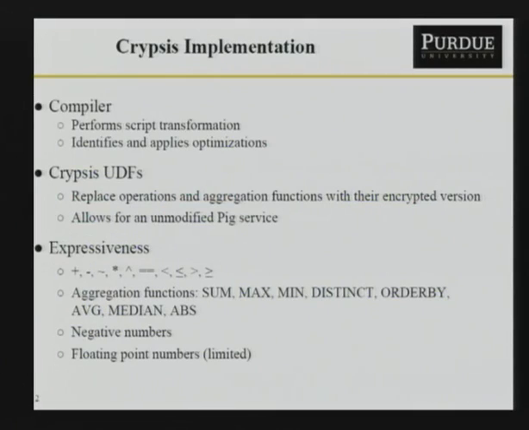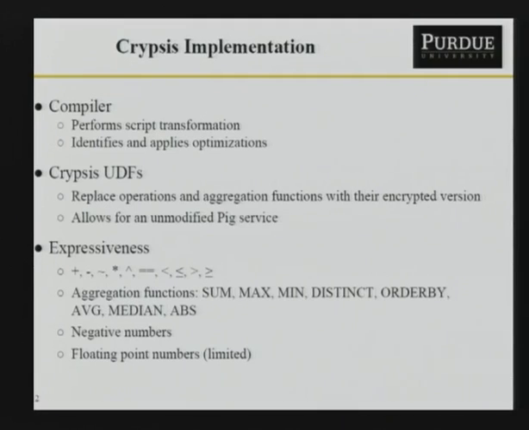Okay, so about our implementation now. I mentioned how we first transform our scripts, and we do that by using a compiler. This compiler's job is to figure out how to transform a script, and then do the transformation to generate the target script, and also obfuscate the names.